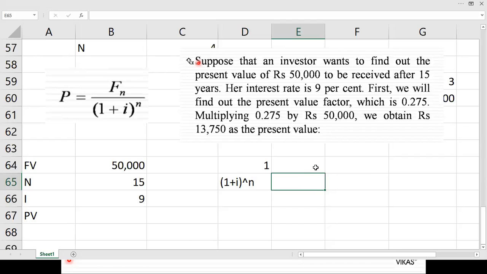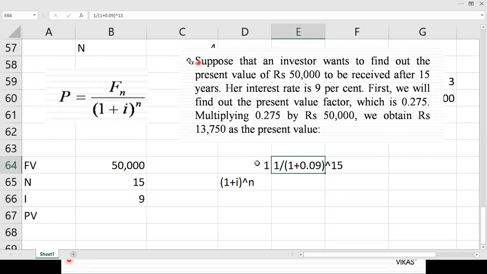In the formula, 1 should be divided by 1 plus i, where i is 0.09, that is 9%, for 15 years. So now we have to find this value.